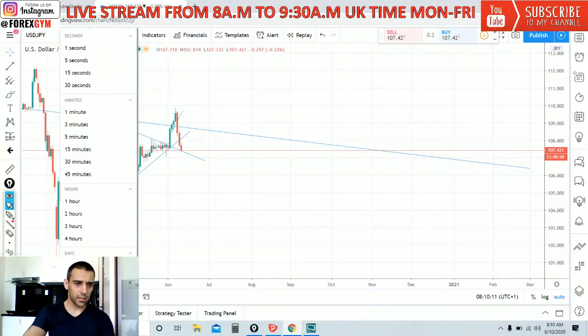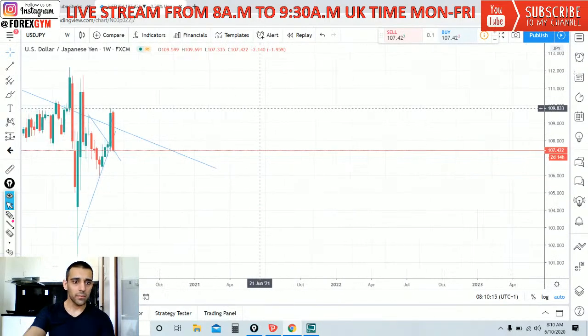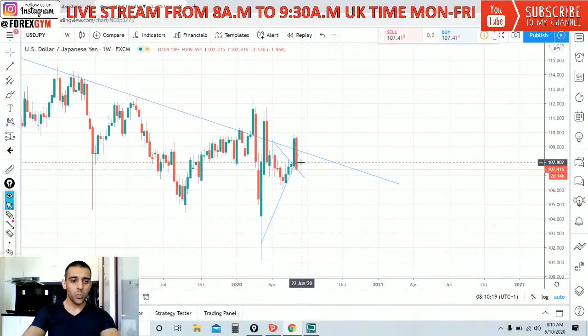Let's go to the weekly time frame and see what we have. Last week we had this very good bullish candle, but now the price has already given back everything that was gained last week. So it lost all of last week's gain, and now the price is even making its way further down.